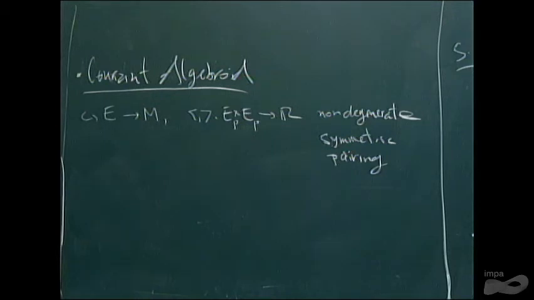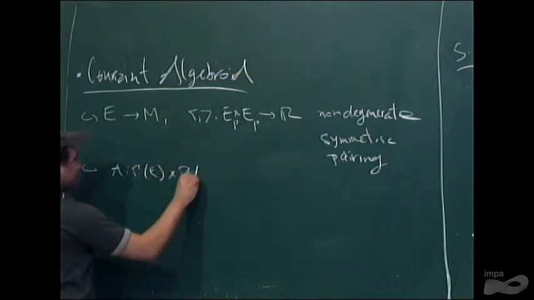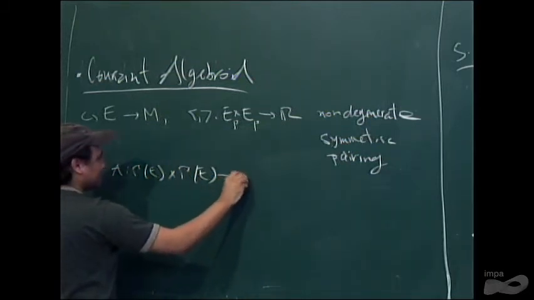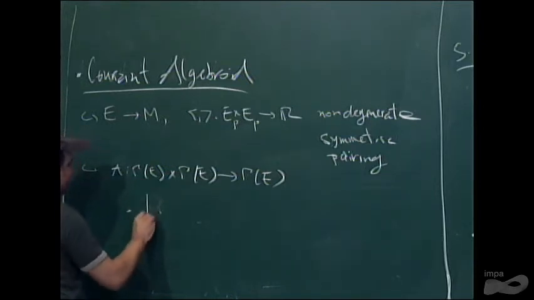I don't know if anyone talked about this definition before. So you have this, and then a bracket. A is going to be a Courant algebroid if you satisfy these conditions. Of course, Jacobi.